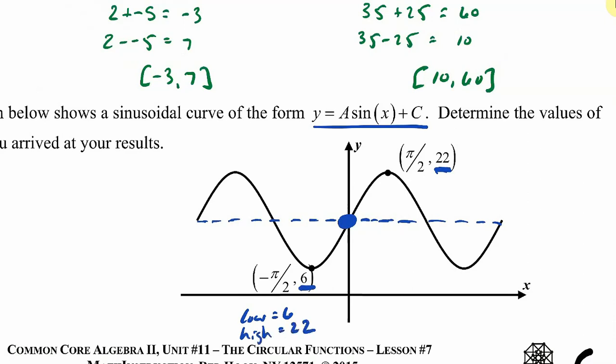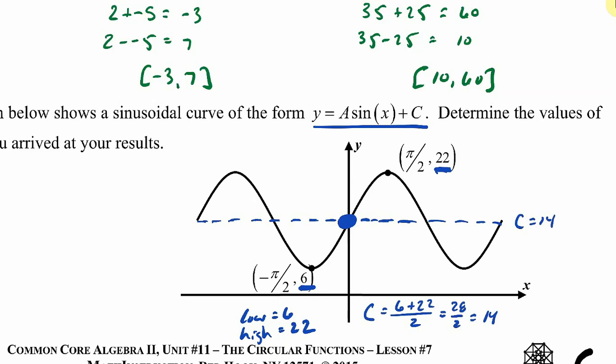C is the average y value. So how are we going to find the average of low and high? We're going to add and divide by 2. So it looks like that midline is up at 14. Okay, so you take the average of high and low and you get your midline value 14.